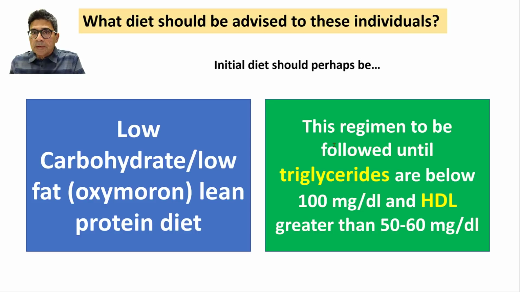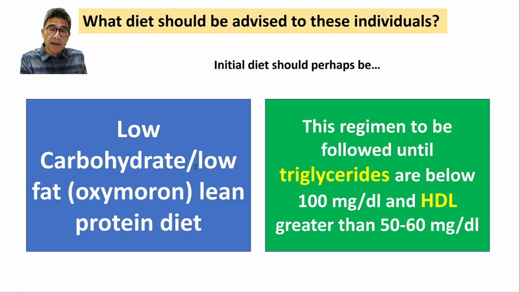So what diet should be advised to these individuals? The diet that should be advised is a low carbohydrate and low fat diet. And when you talk about a low carbohydrate, low fat diet, it's an oxymoron, because when you reduce the carbs, you increase the fat. A low carb, low fat diet is not sustainable because it's basically a lean protein diet.